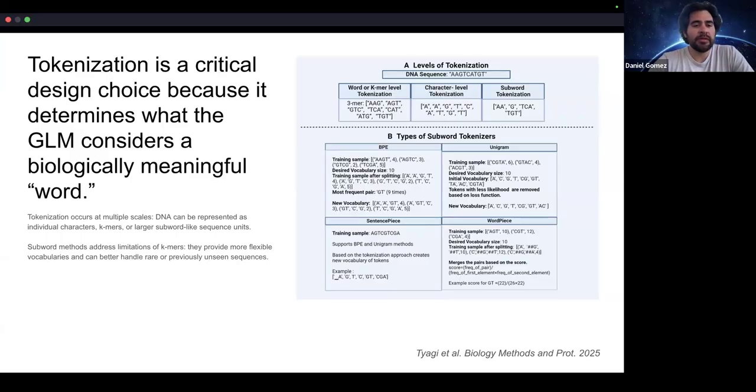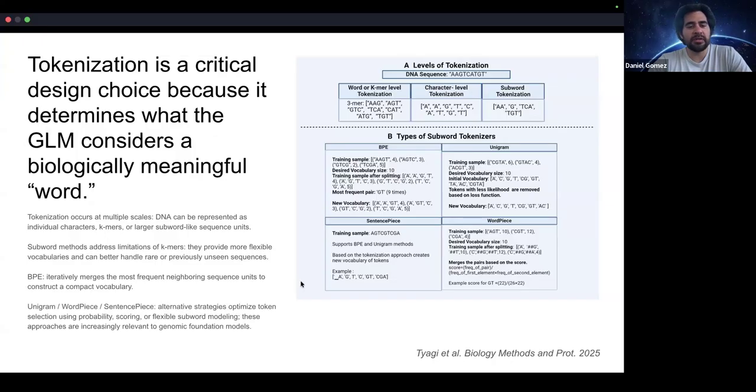All right, so subword methods address limitations of k-mers. They provide more flexible vocabularies and can better handle rare or previously unseen sequences. BPE iteratively merges the most frequent neighboring sequence units to construct a compact vocabulary.